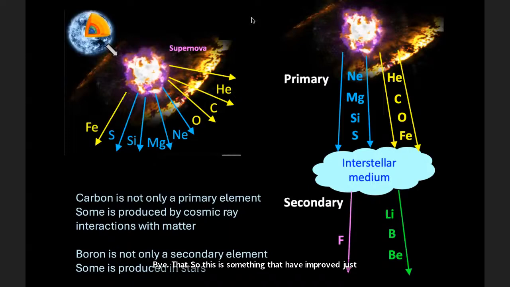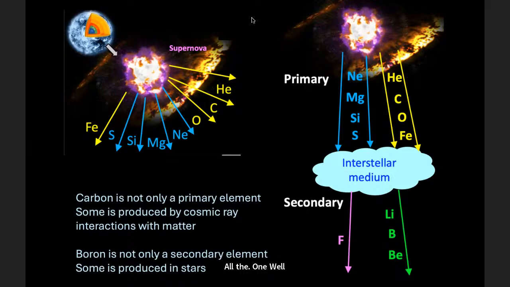Okay, so with the supernova we have just a set of elements that we can produce. As you can see, we produce helium, carbon, oxygen, and so on. But for example, lithium is not here, or boron is not here, right? So we cannot produce all the elements, even the light ones, with the supernova. Or so we thought.